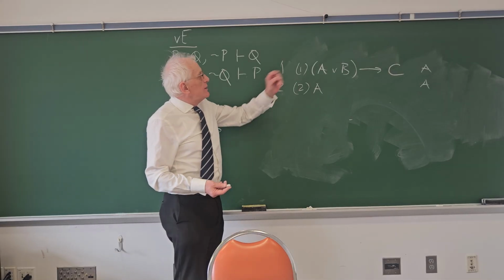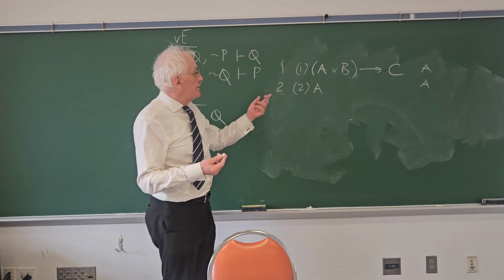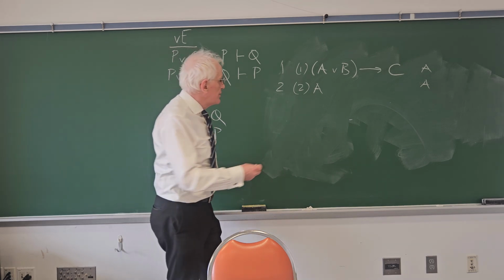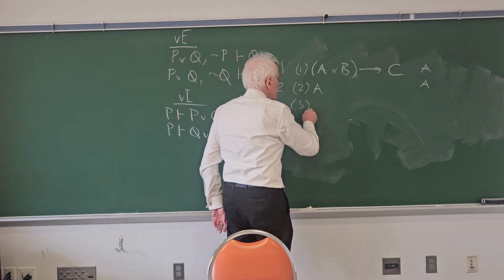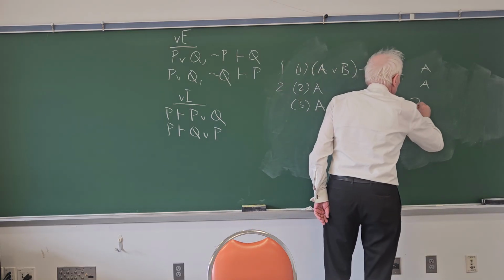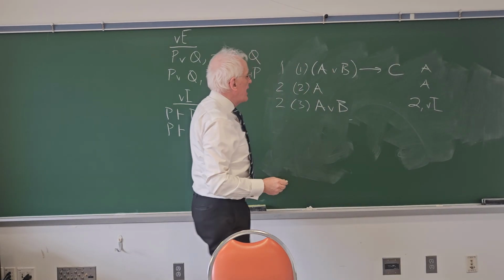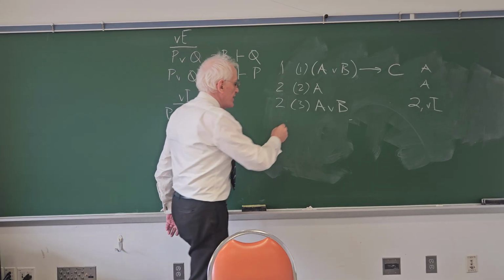Because line 1 says if either A or B is true, C is true, and line 2 tells us A is true. So then we use the wedge introduction rule to give us either A or B, and that's definitely truth preserving.